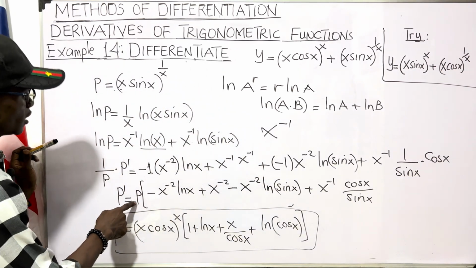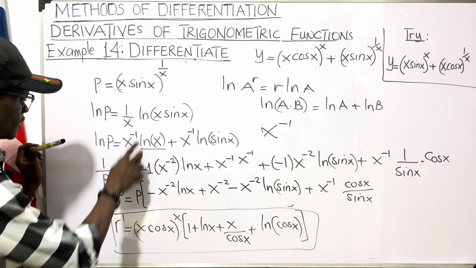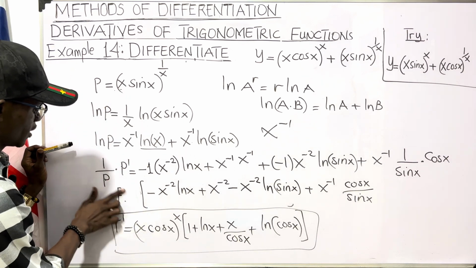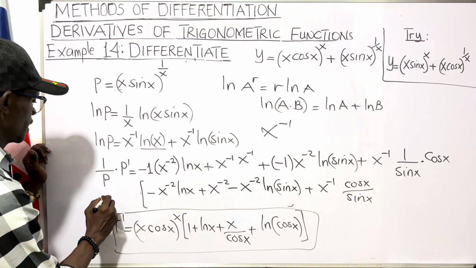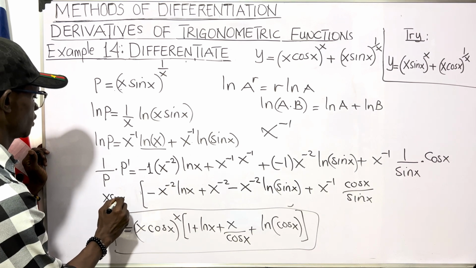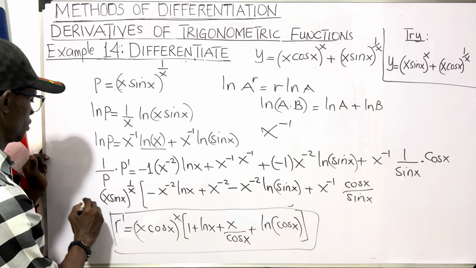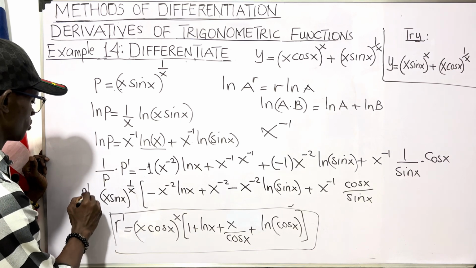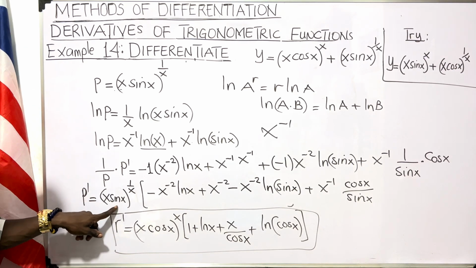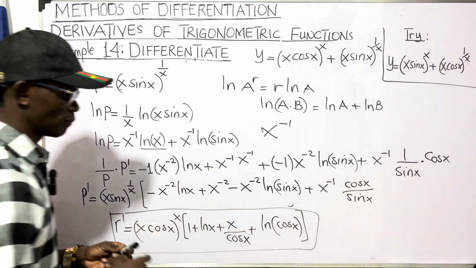But then this p is x sine of x raised to the power 1 over x, so we can just rewrite it as p prime. So there's our p, just rewrite it.